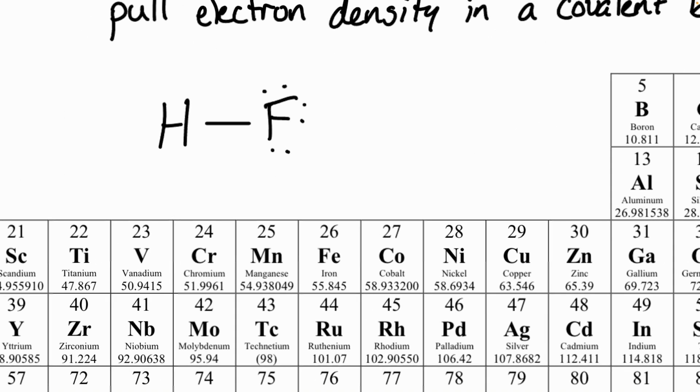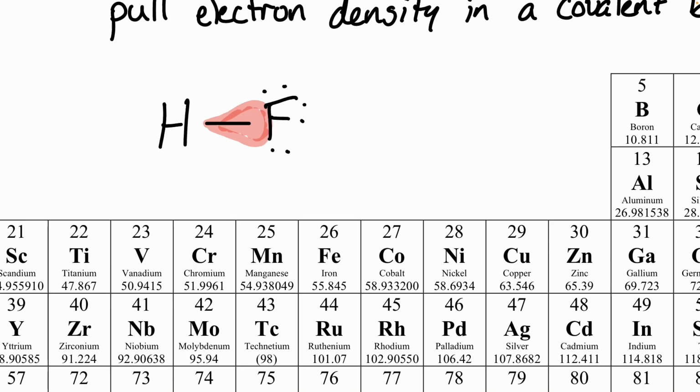But if you were to really image this pair of electrons, you would find that most of that electron density is actually over here on this fluorine atom, and very little is on the hydrogen atom. Fluorine is way better at pulling that pair of electrons in that bond. So it ends up pulling all that electron density onto itself, leaving hydrogen with very little electron density.